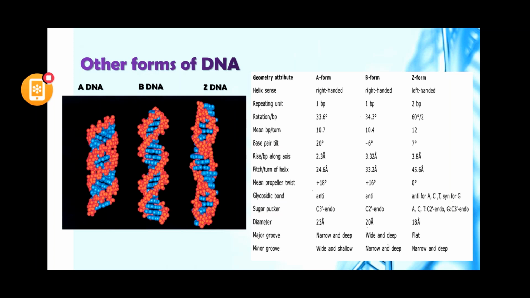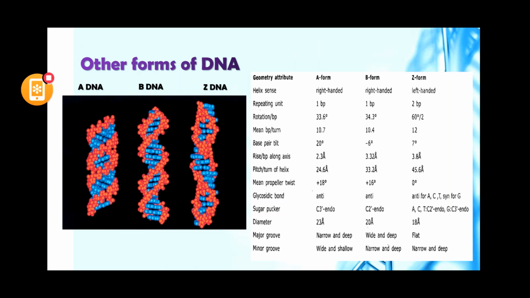That is, it has a specific conformation for purine and a specific conformation for pyrimidine. You can see the glycosidic bond is anti or syn. If the nitrogen base relative to the sugar is on the right side, it is called anti.